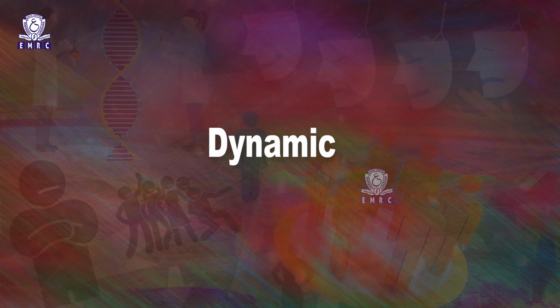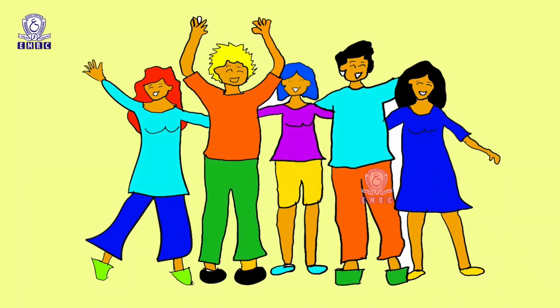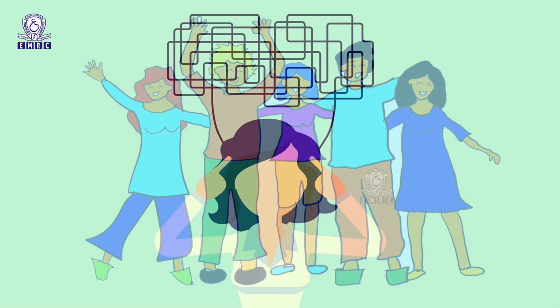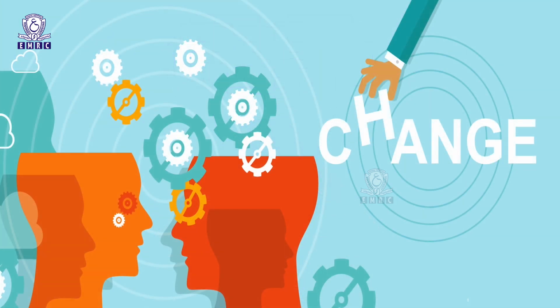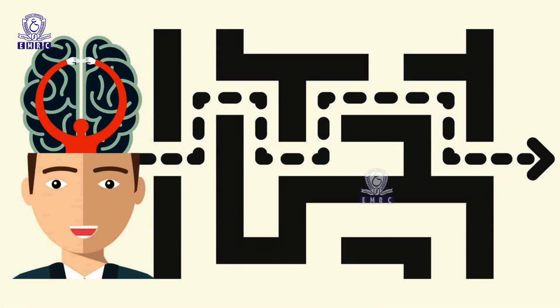Dynamic. Another very important characteristic of personality. Although the personality of an individual remains stable to a large extent, it undergoes a lot of changes and cannot be said to be static. It is always dynamic and continuously in the process of change and modification when provided with the inputs required for the change.